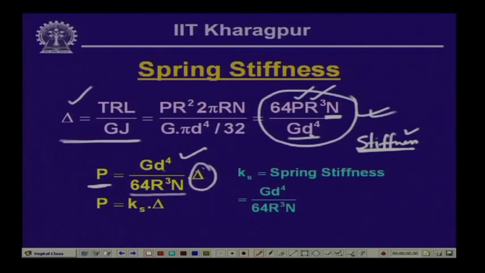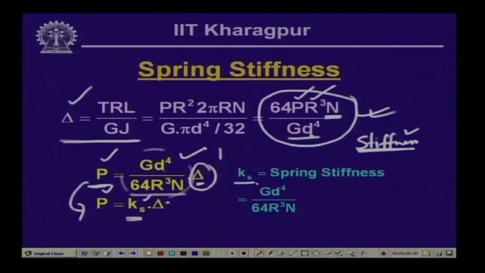Here, if we replace delta by unity, the force we require to produce this unit displacement, we define that coefficient as the stiffness. So, if we write this expression as P equals K suffix s times delta, when delta is equal to 1, the force which we get is equal to the stiffness of the spring.